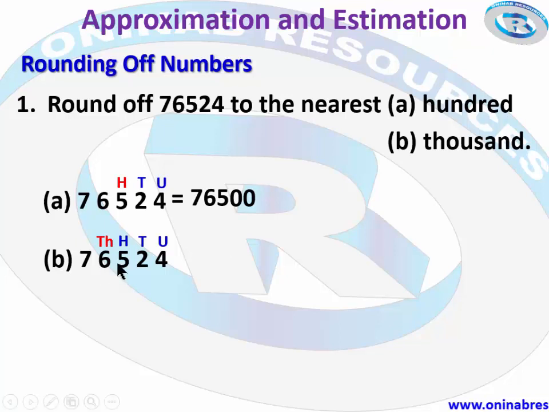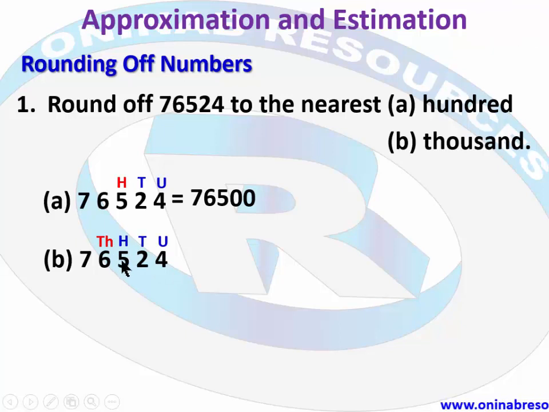So we check the digit after it, which is the 100 digit. Since the 100 digit is 5, we are going to make it 1 and add it to 6 to make it 7. That is rounding up.